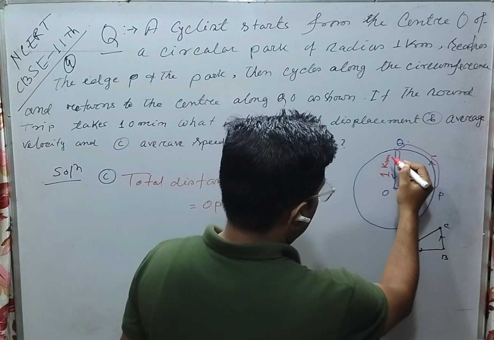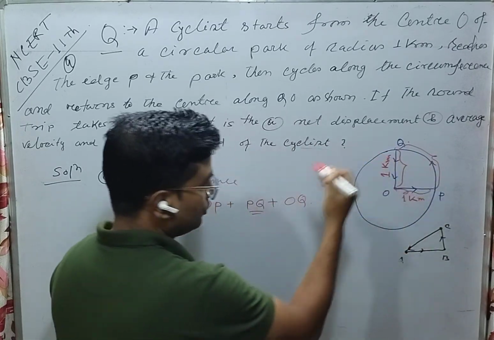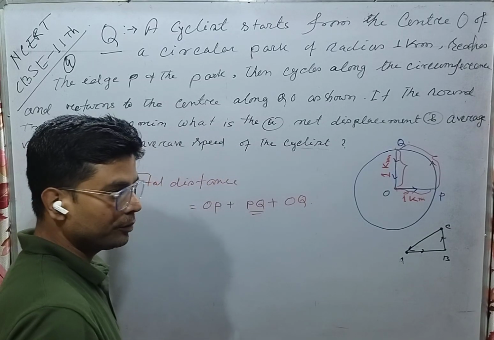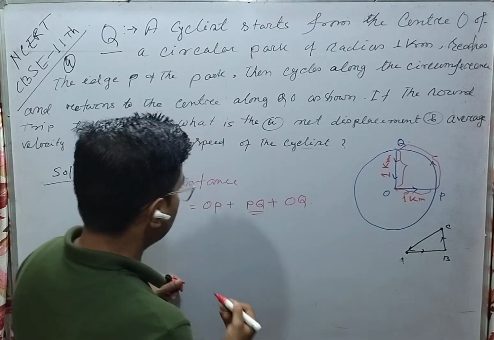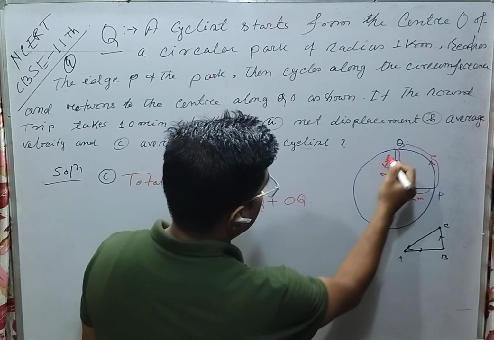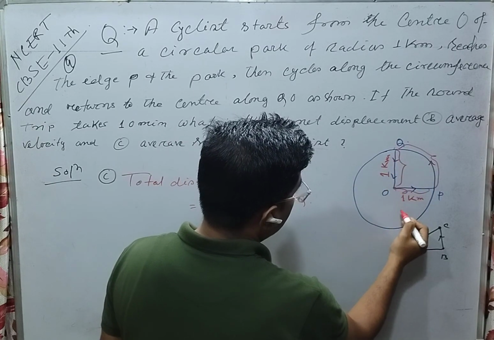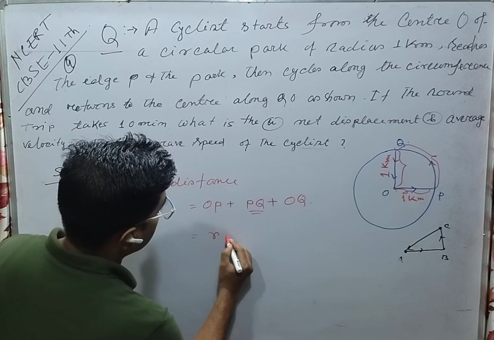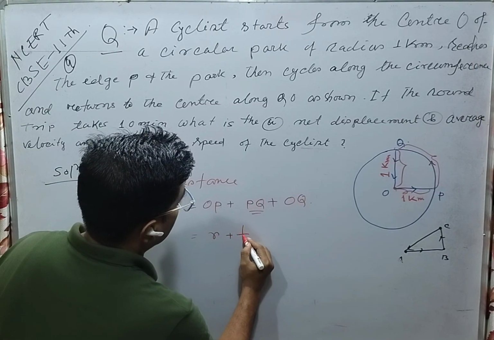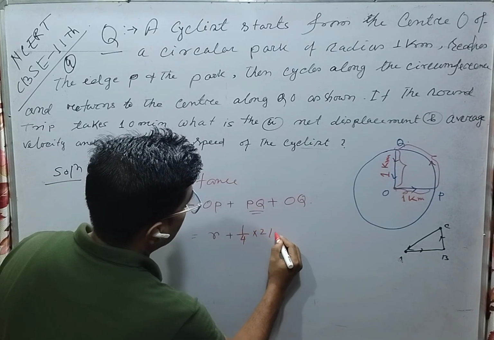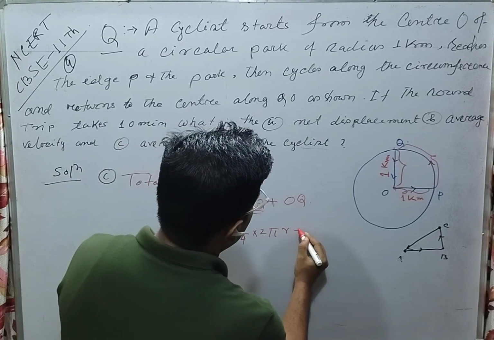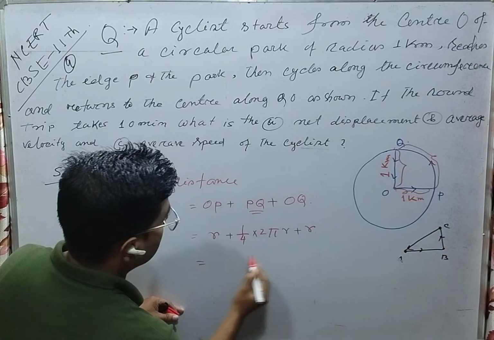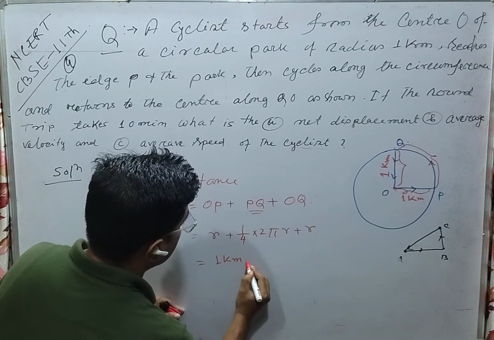PQ is one fourth of the total circumference of the circular path, that is 1/4 into 2πr, and OP is equal to 1 kilometer, OQ is equal to 1 kilometer, that is the radius of the circular path. So r plus 1/4 into 2πr plus the radius of the circular path, and the radius of the circular path is 1 kilometer.